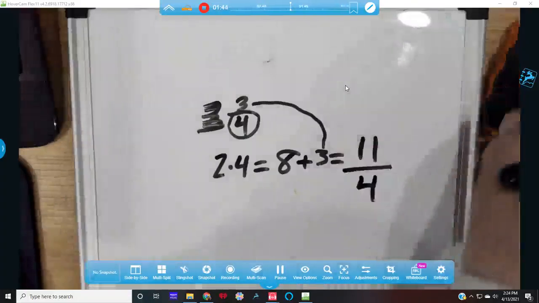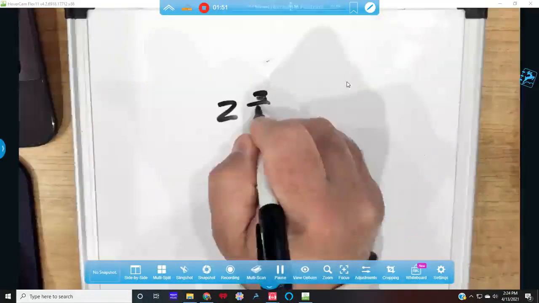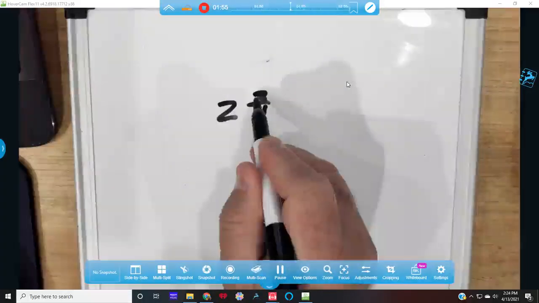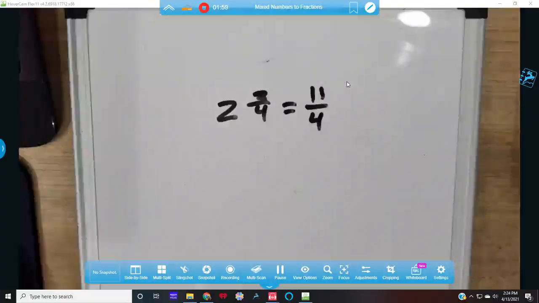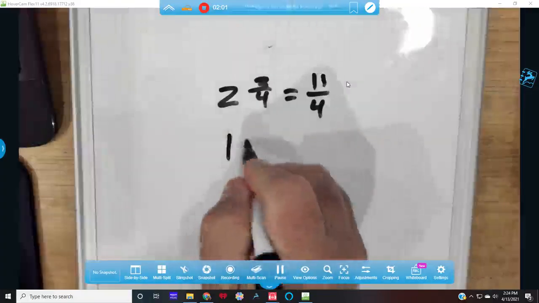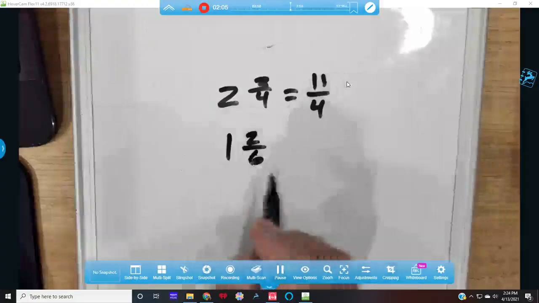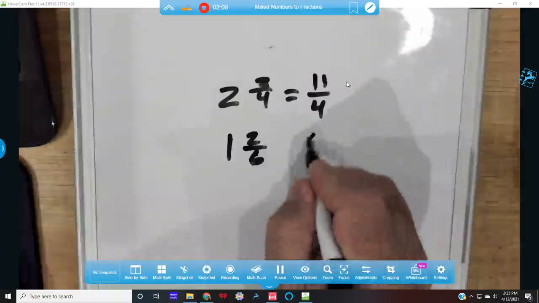Okay, let's show you that again. 2 3/4. So if I have 2 3/4, 4 times 2 is 8, 9, 10, 11. Denominator stays the same. And if I have 1 and 2 sixths, 6 times 1 is 6, plus 2 is 8.